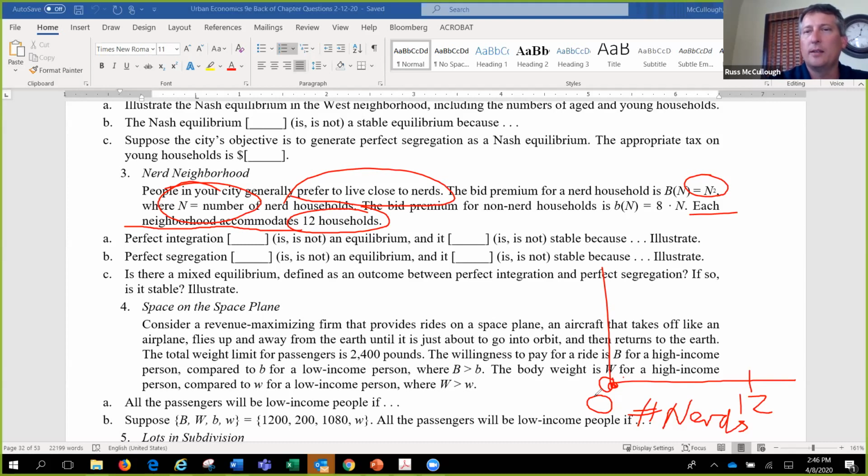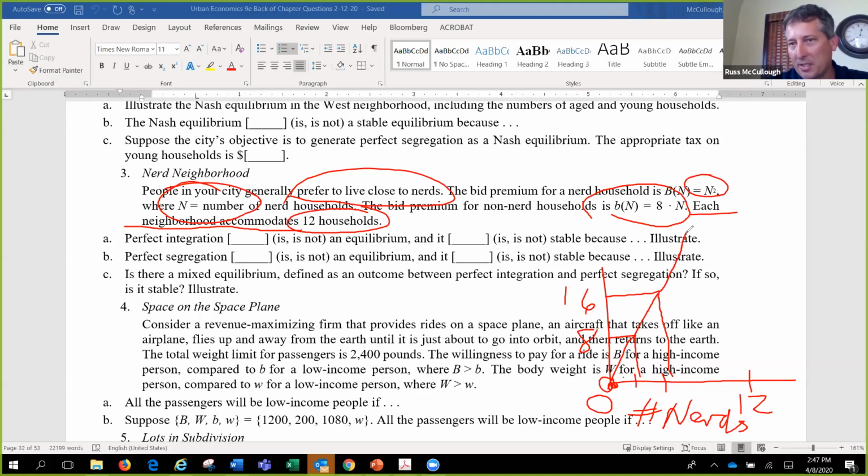The non-nerd households' bid premium: non-nerds want to live in nerd neighborhoods too, and it's 8n. So if I go over 1, I'm going to go up 8. Over 2, up 16. So we're going to have a non-nerd bid premium curve that is a straight line, right?